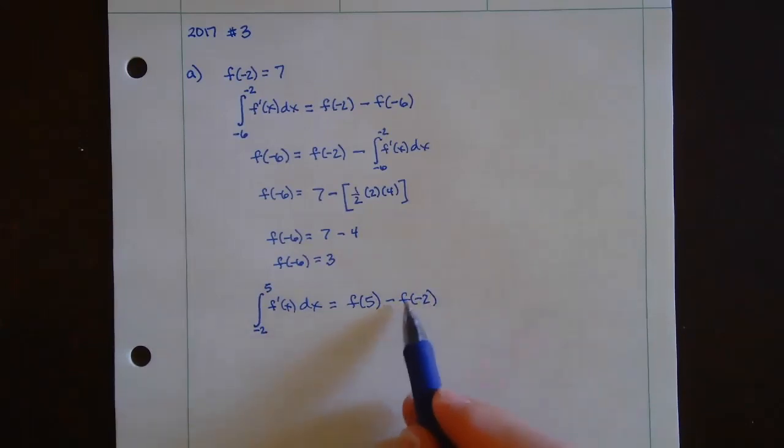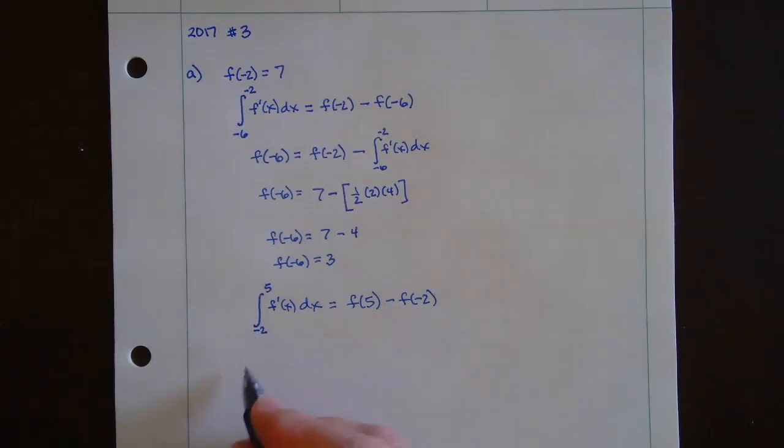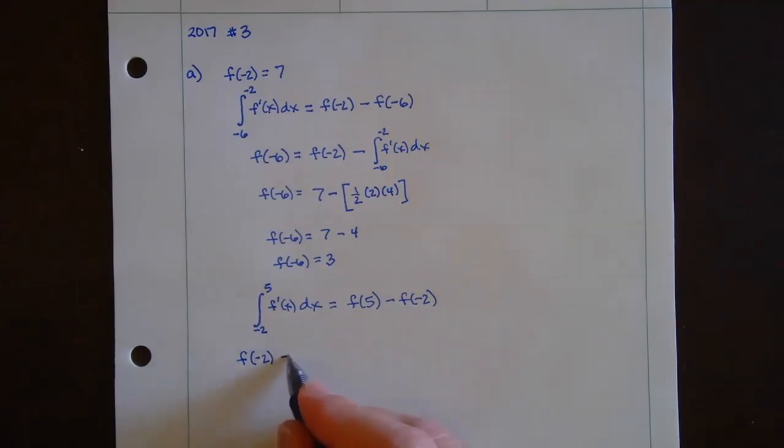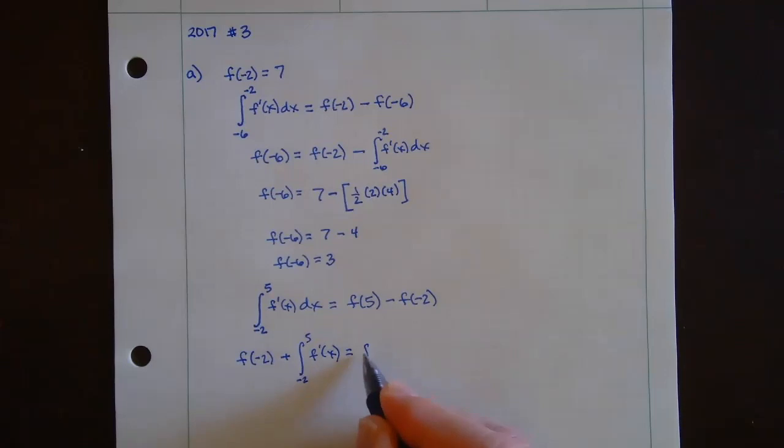This time I'm going to move f of -2 over, so f of -2 plus the integral from -2 to 5 of f prime of x equals f of 5.